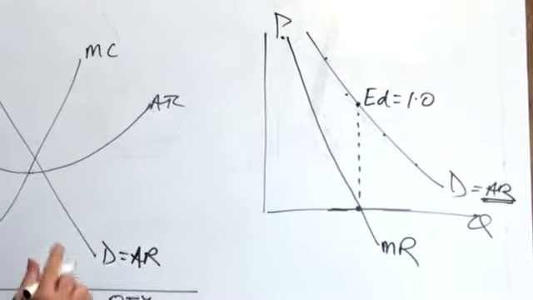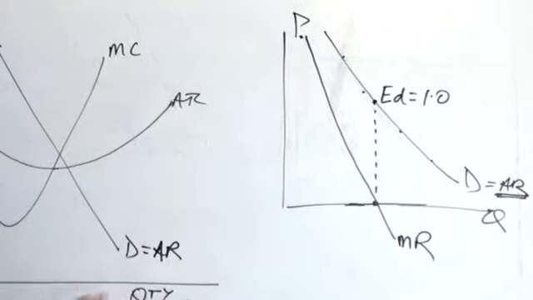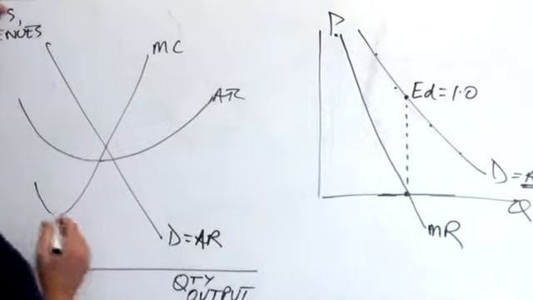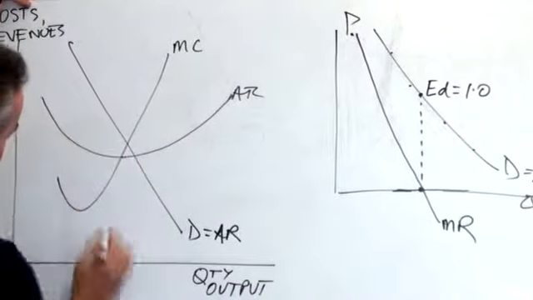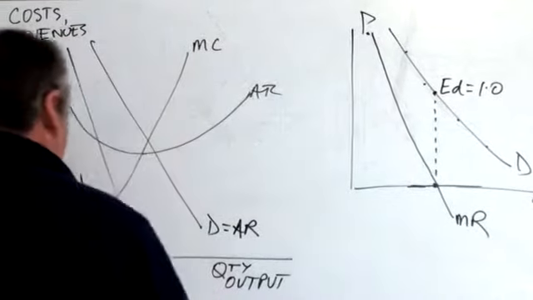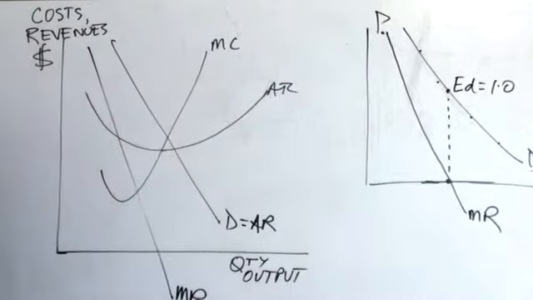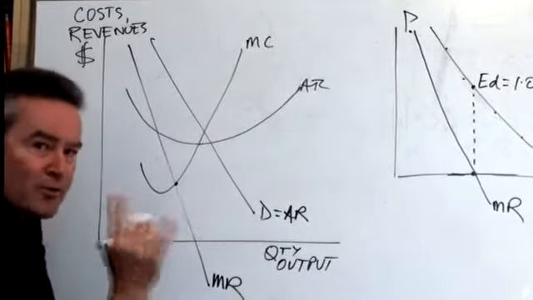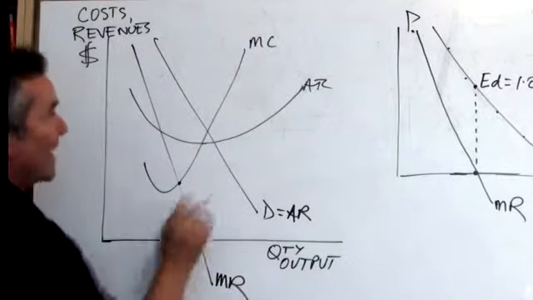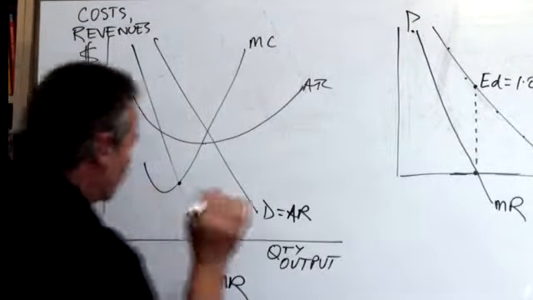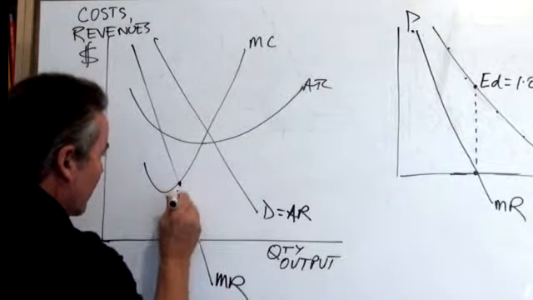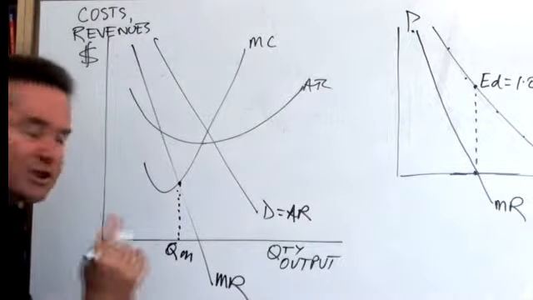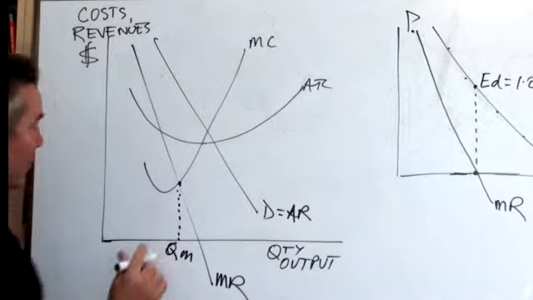Let's pop our marginal revenue curve in over here, and all of a sudden we can find that magic point of MR equals MC. So here we go, start point, roughly midpoint, and boom, boom. MR. And here's our problem solved. The profit maximising rule, remember, MR equals MC. Well, it's right here. So what are we saying? We're saying that the profit maximising monopolist will offer for sale a quantity of output equal to QM.